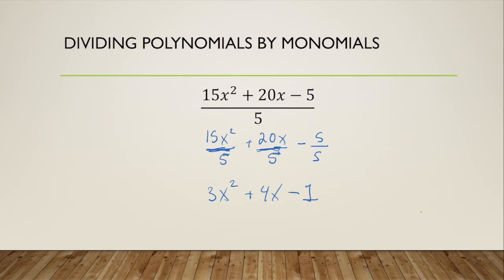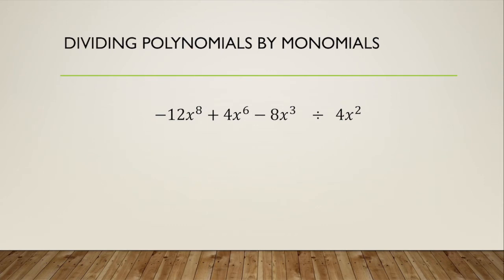Let's do another example with variables in the denominator. So I have negative 12x to the 8th plus 4x to the 6th minus 8x cubed divided by 4x squared.